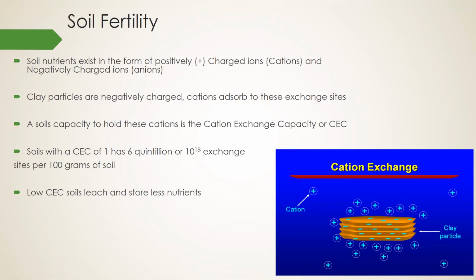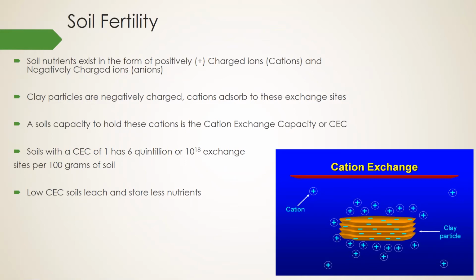And so these cations and anions are what we know of as our macro and micronutrients, such as phosphorus, nitrogen, potassium, the macros. And these are all being exchanged between these exchange sites in the soil for either hydrogen or hydroxides. I won't get too into the weeds, so to speak, no pun intended.